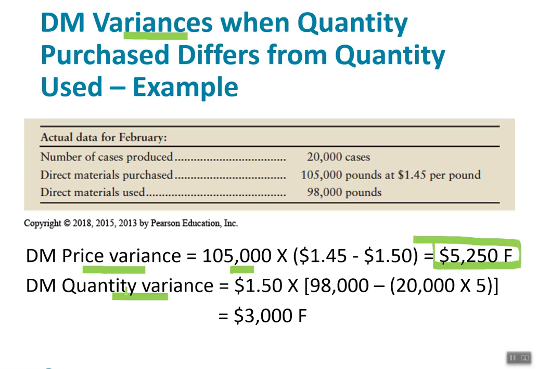And then the direct material quantity variance is going to be the standard price, and then the actual quantity used minus the standard quantity allowed. This is an interesting calculation because the standard quantity allowed requires you to take the actual cases that you needed times the standard number, in this case, of pounds per case.